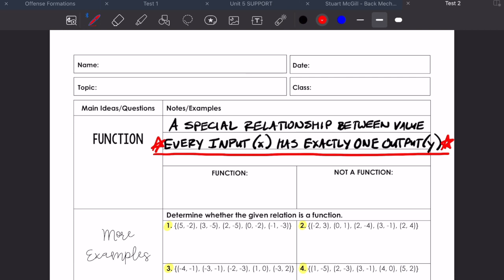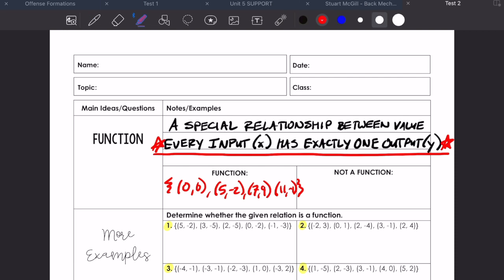So if I was looking at a set of ordered pairs, and by set of ordered pairs I mean a relation. So I'm trying to see what a relation is, and I have a set which is denoted by curly brackets, and I have all of these coordinate pairs. So you got (0, 6), you got (5, -2), you got (7, 9), and you got (11, -1).